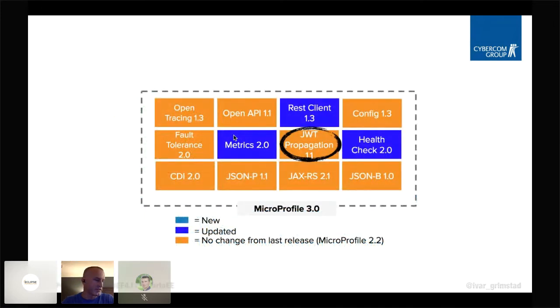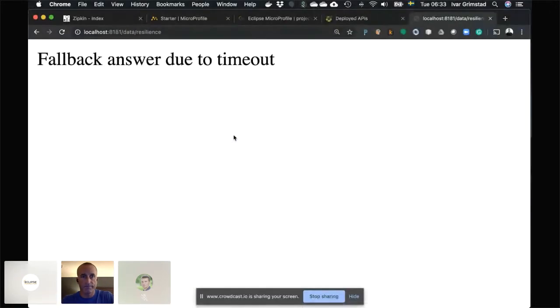And the JSON Web Token propagation specification gives you all the infrastructure around it and the API to use this very simply. So let's look at that one.